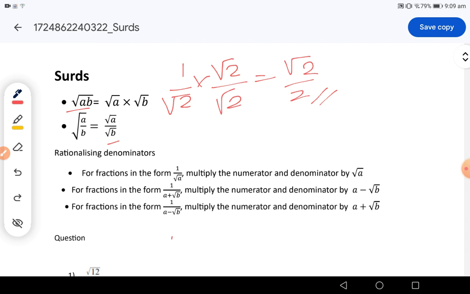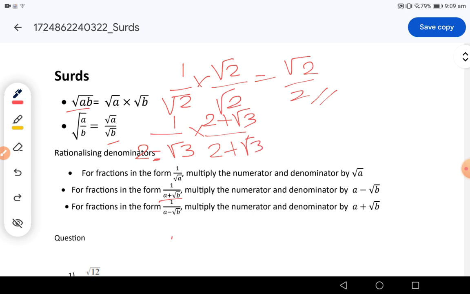Sometimes you will get in fraction a plus root b or a minus root b. If you having a plus root b, so you have to multiply a minus root b and divide a minus root b, such as 1 by 2 minus root 3. So here minus are there, so you have to multiply the plus sign. So 2 plus root 3 and 2 plus root 3. Why we are doing?